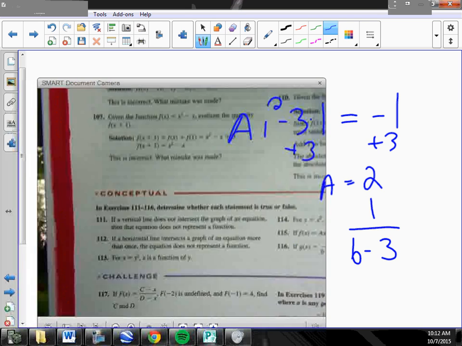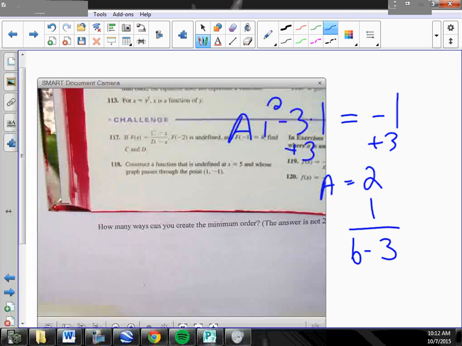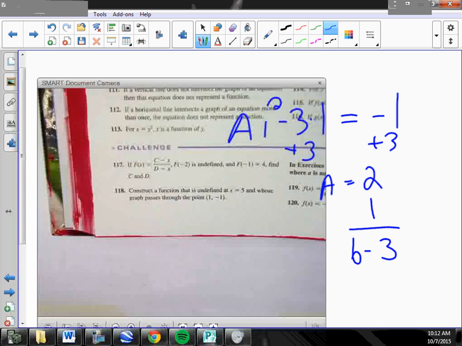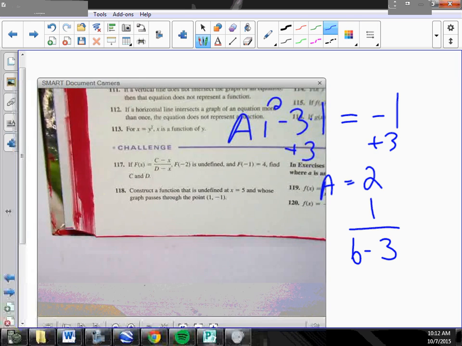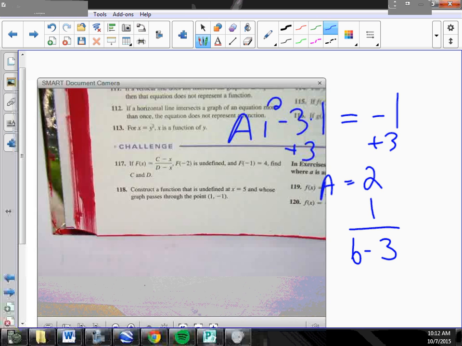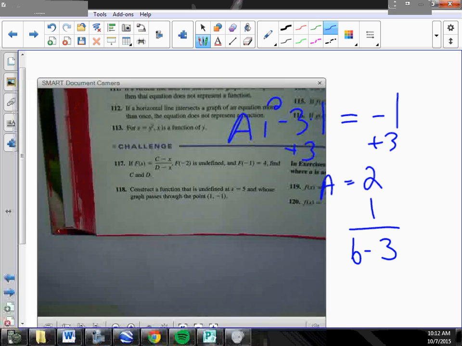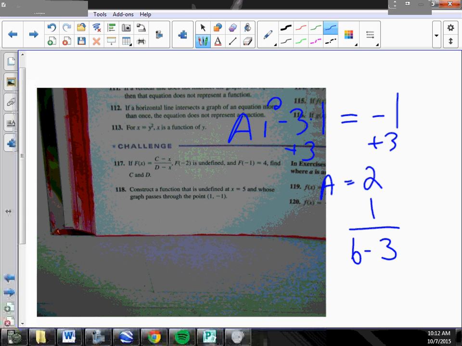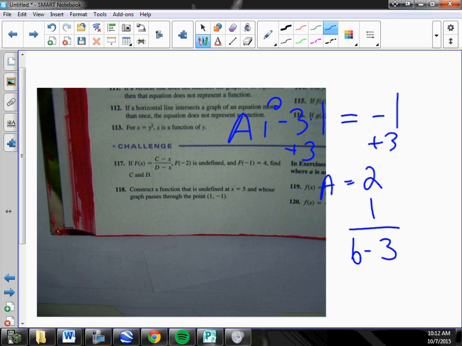117. So we have f of x. If f of negative 2 is undefined and f of negative 1 equals 4, find c and d. So we know when we plug in negative 2, we get c plus 2 over d plus 2.